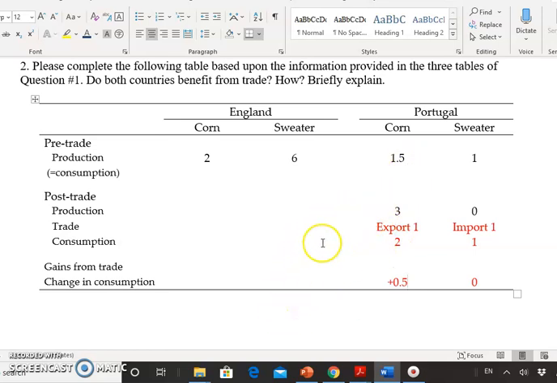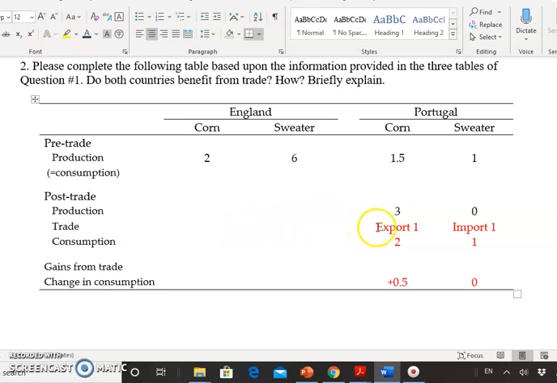All right. Now, once we figure out Portugal, we're going to come back and look at England. England, as we said, has a comparative advantage in sweater production, so it will produce relatively more sweaters.